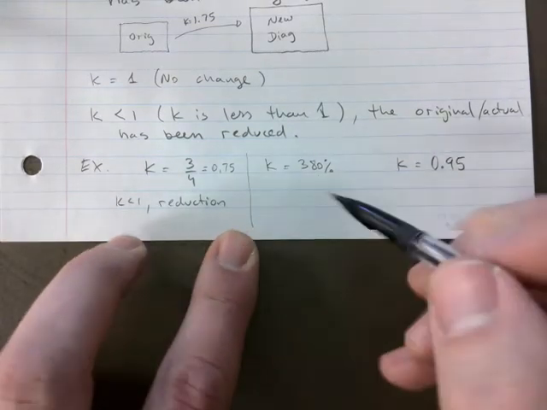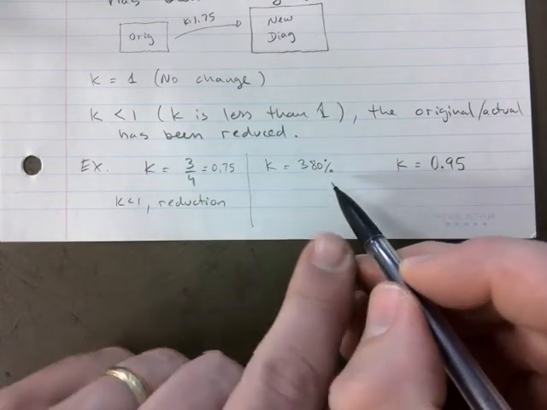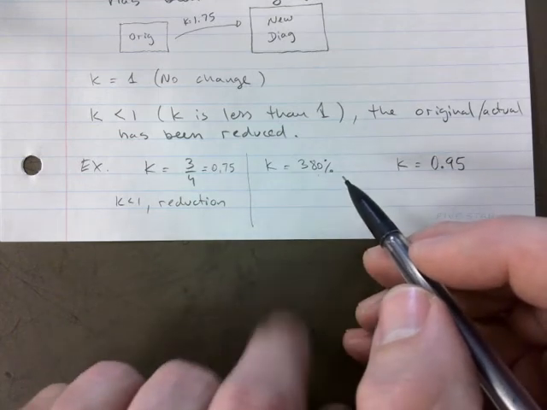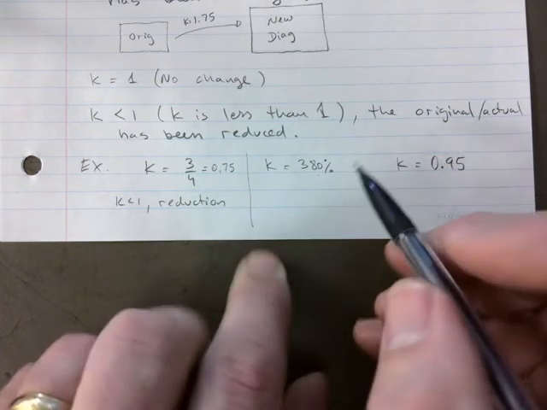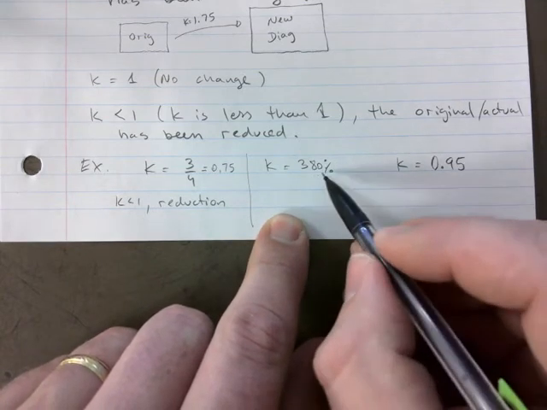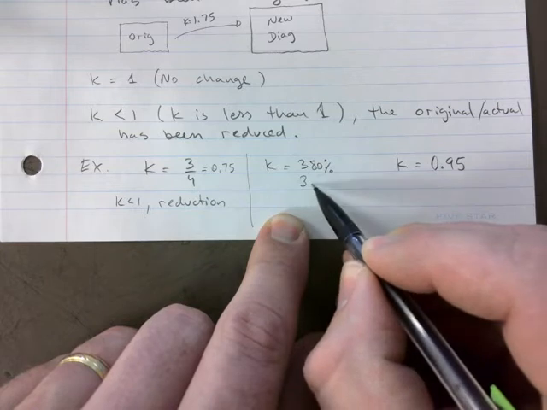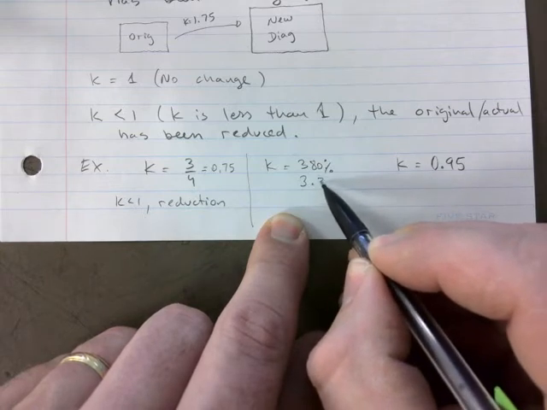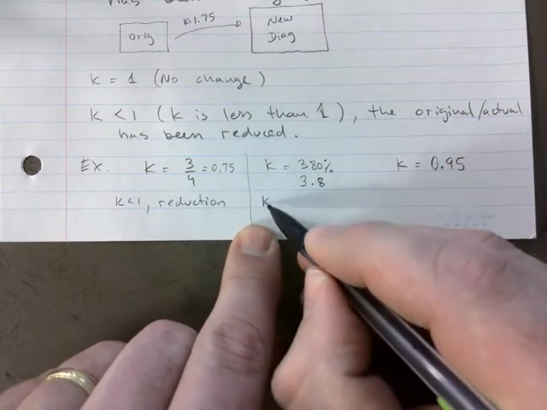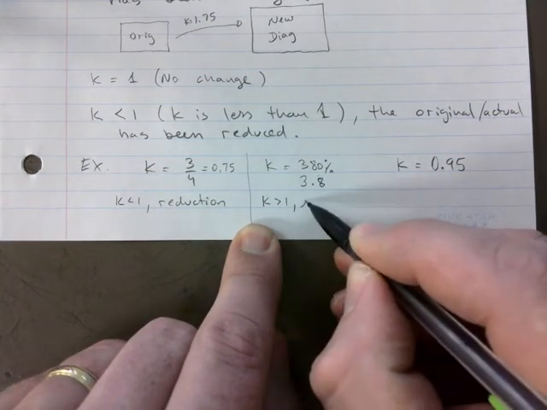Okay, block that off. 380%, enlargement. Let's say you're not sure. How do you turn a percentage to just a number? Divided by 100, right? So it's 3.8. So 3.8 is bigger than 1, right? So K is greater than 1, enlargement.